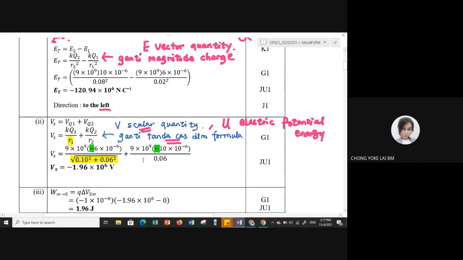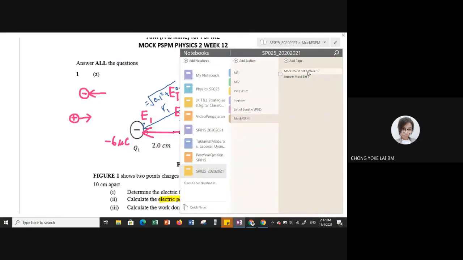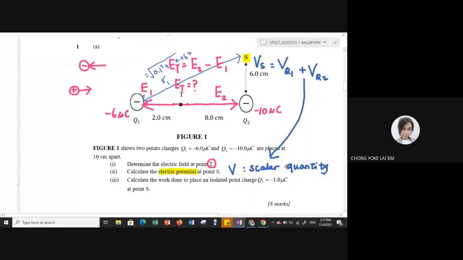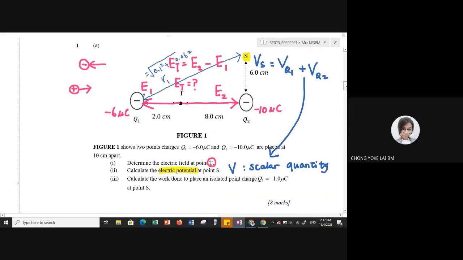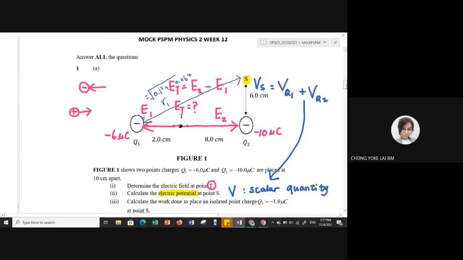Okay? Then number 3. Question number 3, we want to find the work done to place an isolated point charge Q3, negative 1 microcoulomb, at point S. So we want to put charge Q3, negative 1 microcoulomb, at point S. What does isolated mean?